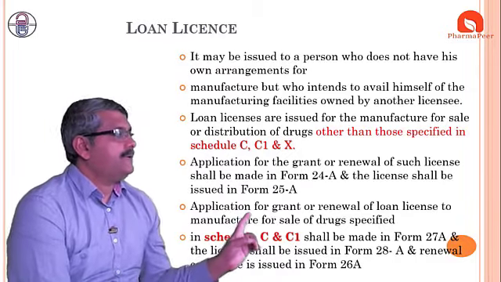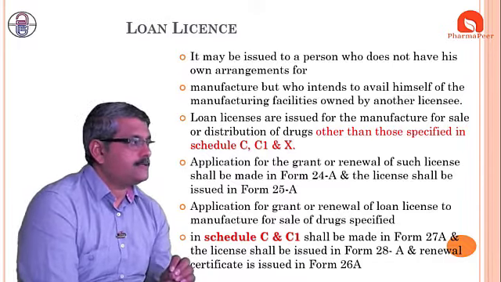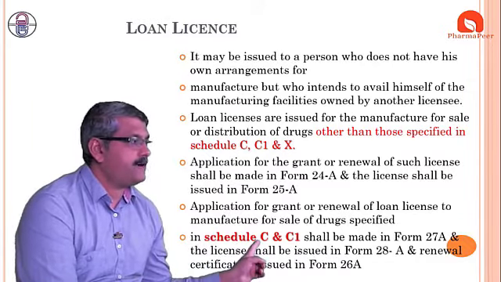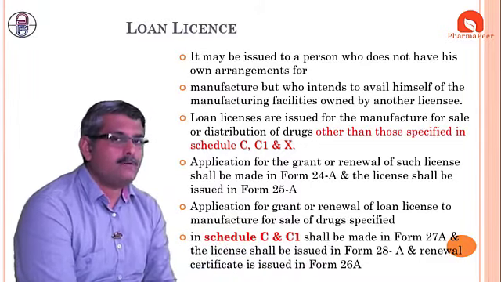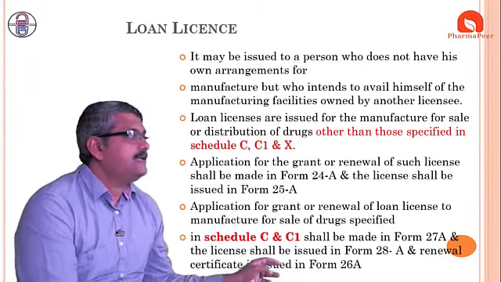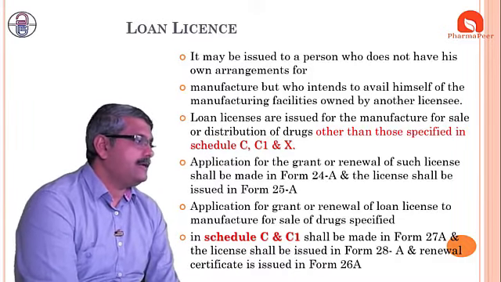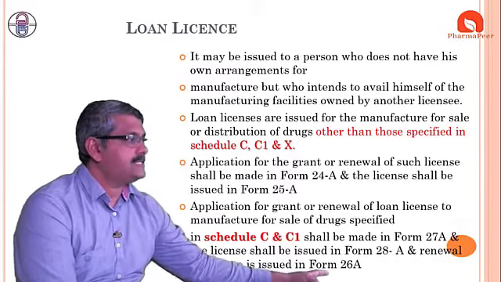The next point is the application for grant or renewal of a loan license to a manufacturer for the sale and distribution of drugs which are specified in Schedule C and C1. It shall be made in form number 27A, and the license will be issued in form number 28A, and the renewal certificate is issued in form number 26A.